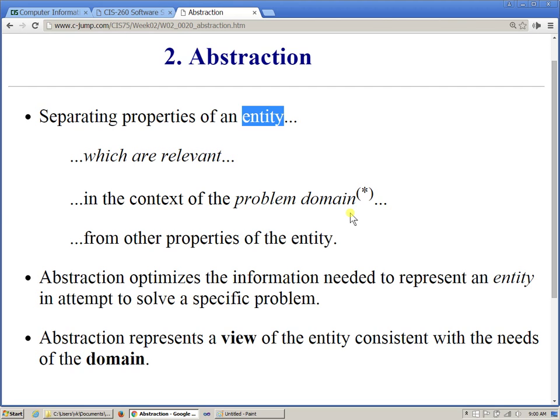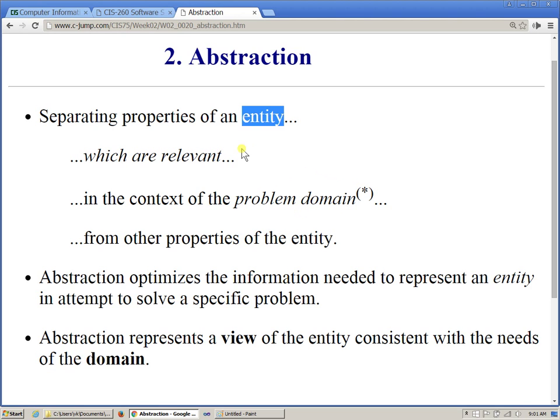But ultimately, we want to represent these entities in software, and if we would be forced to take every single detail of everything that exists in the world, it would perhaps be just impossible to write software. It would be very difficult, right?